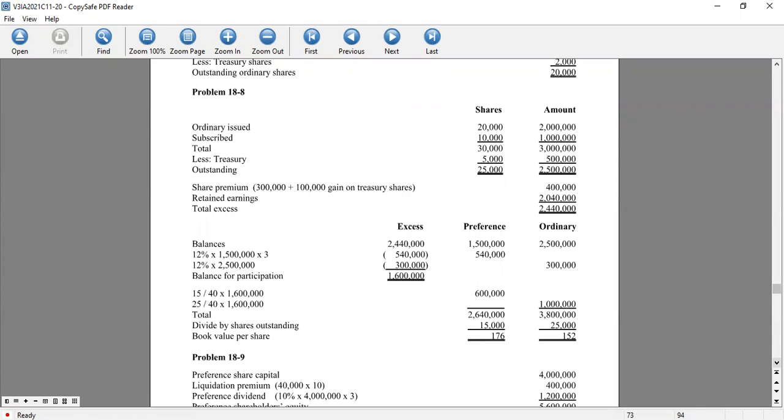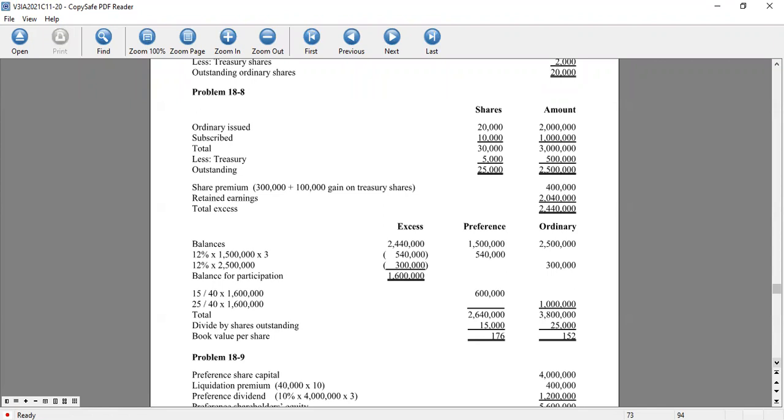So the balance for participation is 1.6 million. 15 over 40 multiplied by the balance. So 15, that's 1.5 million for preference, and the total of 40 is by adding 1.5 million and 2.5 million. So that's 4 million. We eliminate the zeros. That's why we have 15 over 40 multiplied by the excess to be given to the preference shares, 600,000, and to the ordinary shares of 1 million.